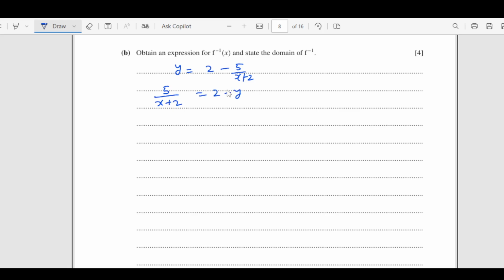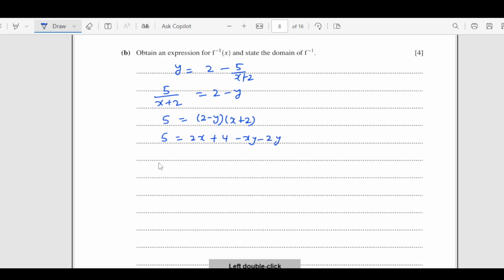Now we have 5 equals (2 - y)(x + 2), so then we are going to expand that. This will be 2x + 4 - xy - 2y.